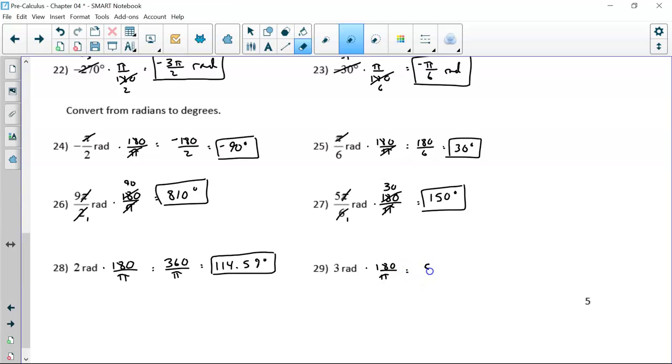So we're going to get 540 divided by pi, which is about 171.89 degrees. So that's converting from radians to degrees. Keep in mind, a full circle is 2 pi radians, or 360 degrees.